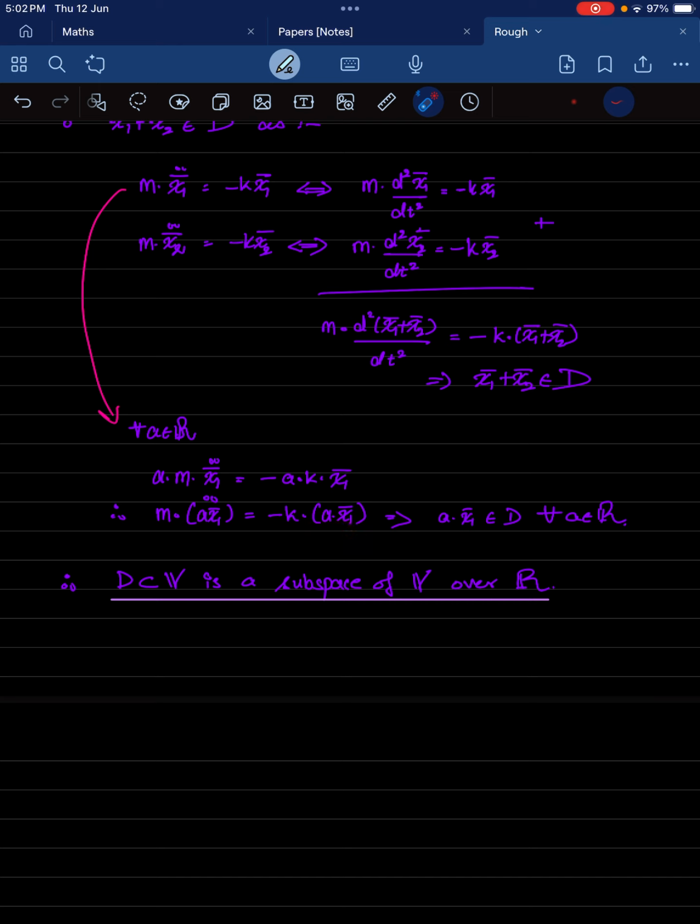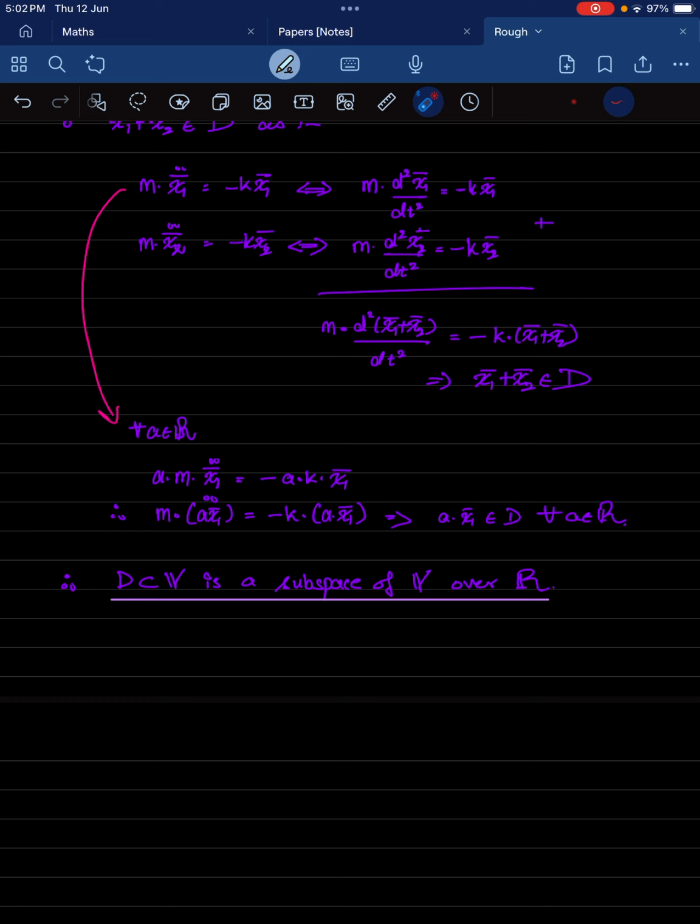That's not a problem. And so this way, we just saw that A times x1 for any scalar A is a valid solution as well. And so with that, D, which is already a subset of V, is a subspace over the field of real numbers. And now with that, the examples are over.